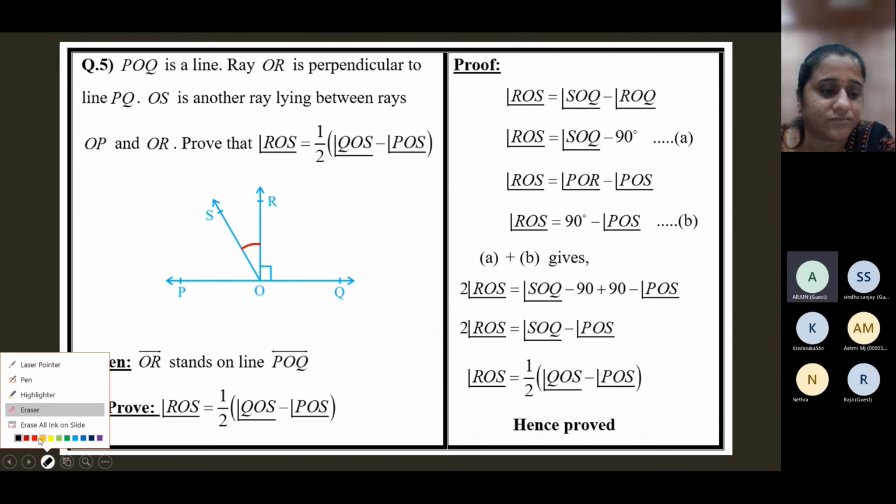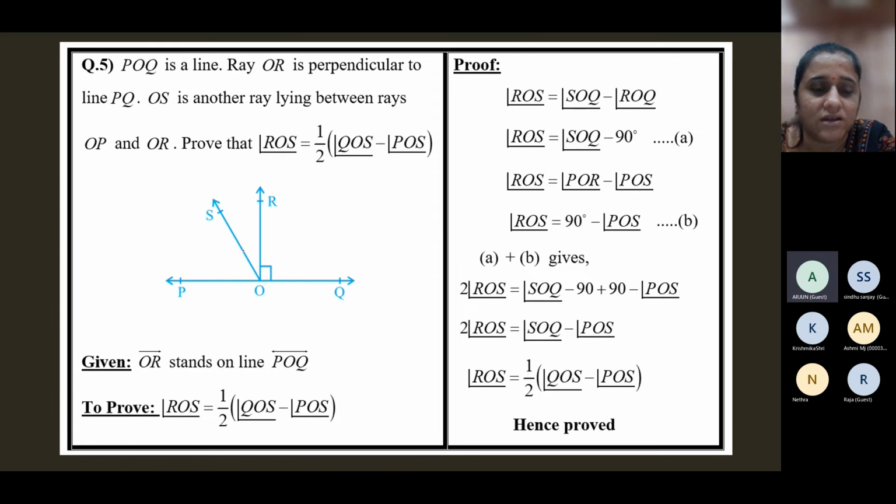So this angle ROS is equal to this full angle SOQ minus ROQ. And we know that ROQ is 90 degrees. It's given ROQ is 90. That is the first equation.